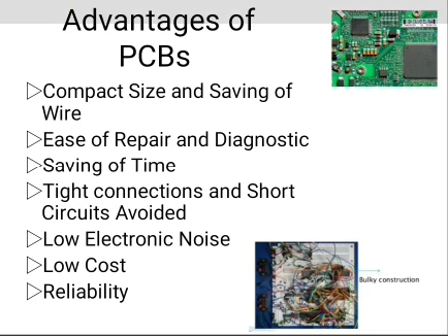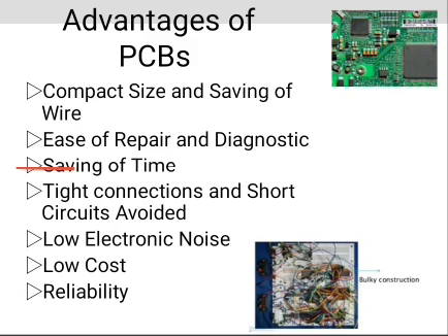Next, saving of time. The conventional method of circuit connections takes much time to connect the components, whereas the printed circuit board takes less time in assembling a circuit as compared to the conventional method.